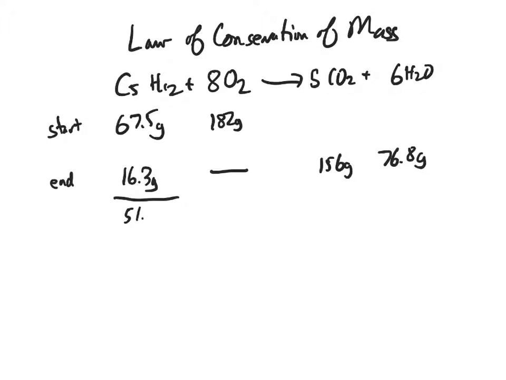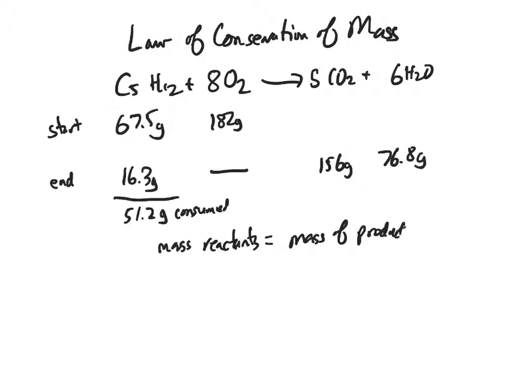So we had predicted and calculated that we had 51.2 grams of pentane that was actually consumed. So the mass of our reactants has to equal the mass of our products.